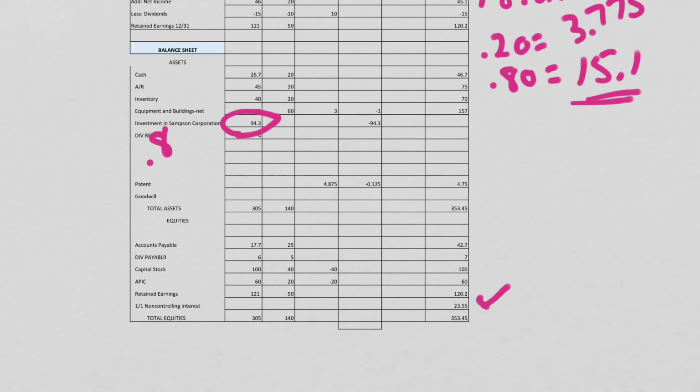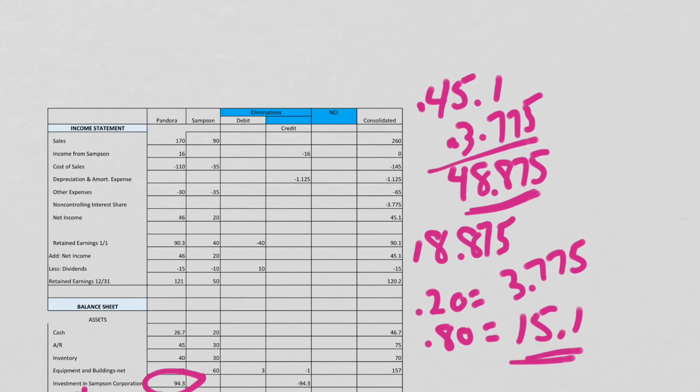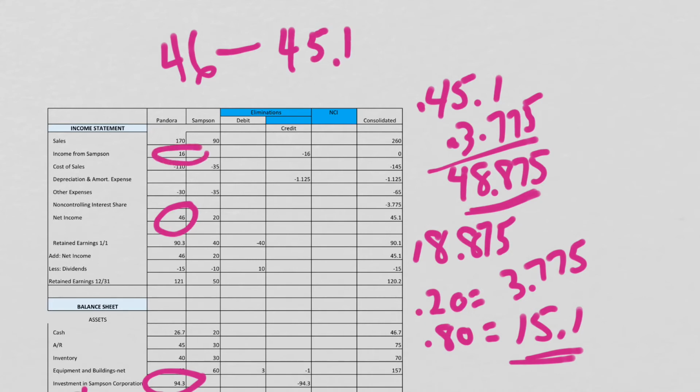The problem with this is that this number is flawed because the equity method was applied wrong. It was applied wrong by a total of 0.9. Why 46 is what shows here, and it should be 45.1. Or the other way to say it is, it was 16 here, and it should be 15.1, so the difference is 0.9.